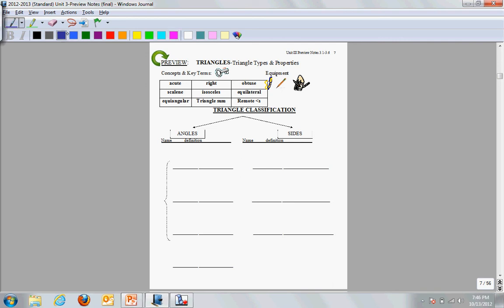Classified by their angles, triangles can be acute, obtuse, equiangular, and right.